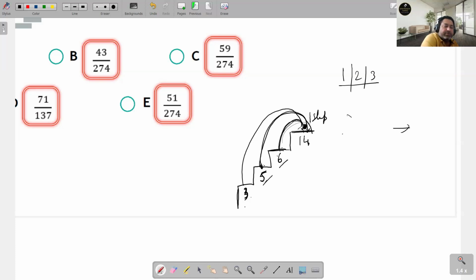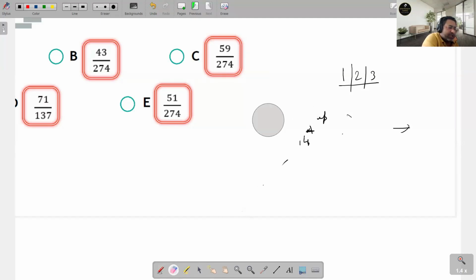I understand these numbers are arbitrary. Ideally this should have been an 8 or something like that, but I've just taken arbitrary numbers to explain the concept.